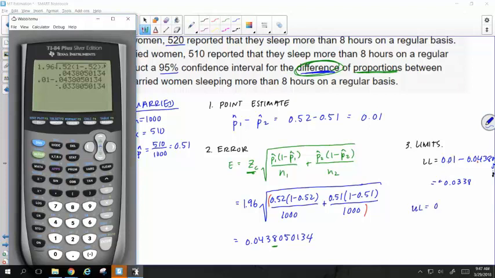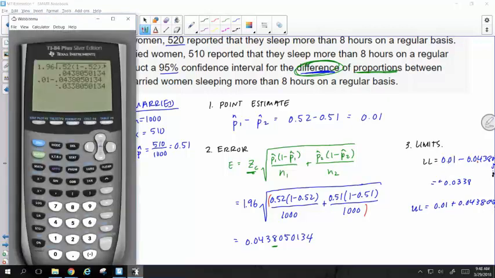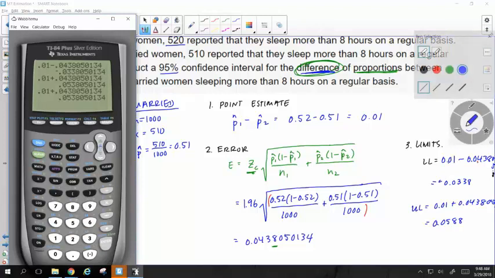And the upper limit is the same thing but plus. 0.053838. To 4 decimal places.